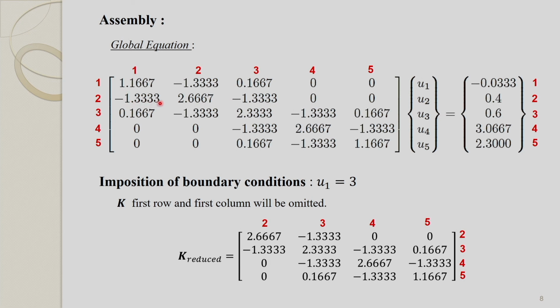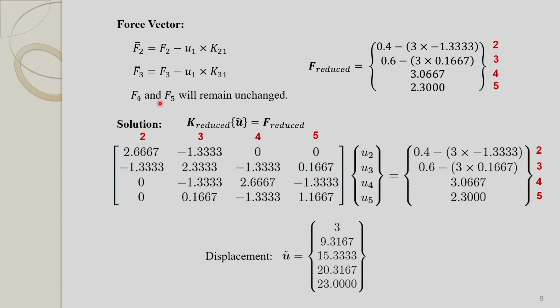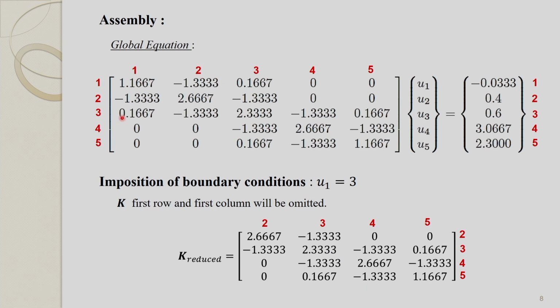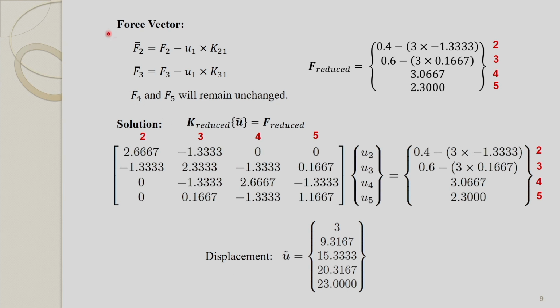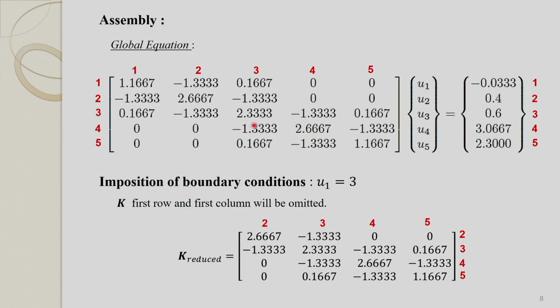So, K21 is minus 1.3333, and it is multiplied with 3. Similarly, for F3 it will be K31, that is 0.1667, multiplied with 3. For F4 and F5, K41 is 0 and K51 is 0, so it will not change F4 and F5.